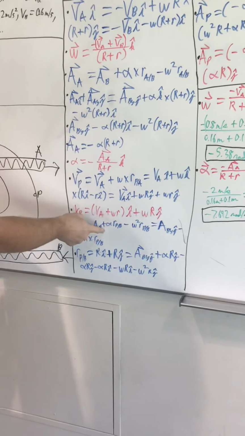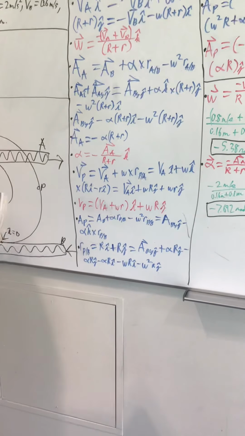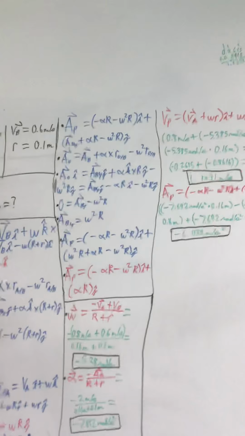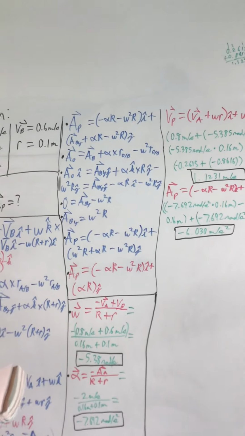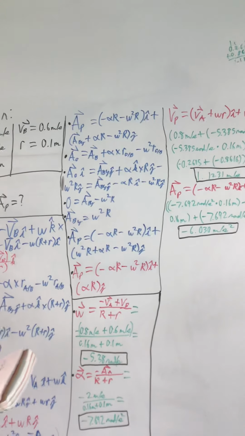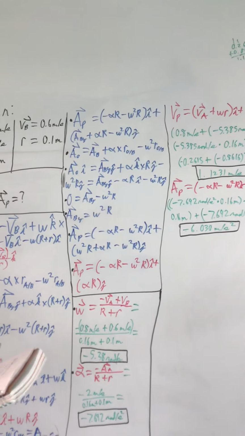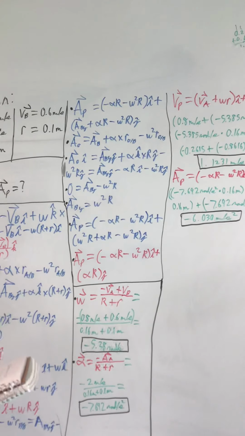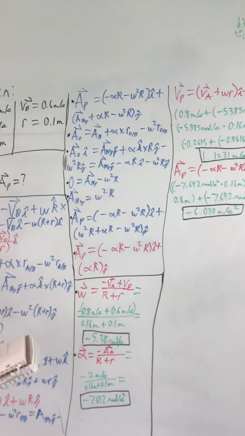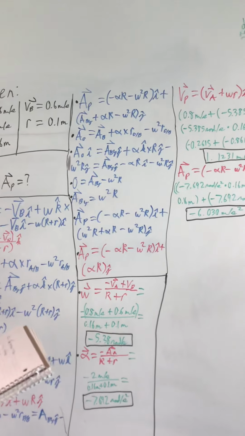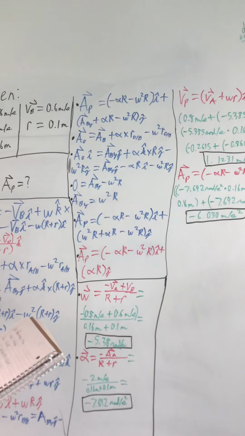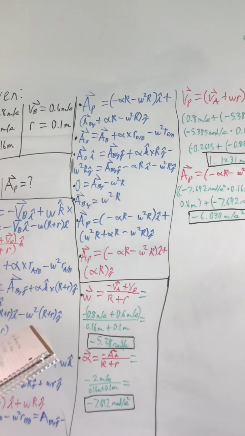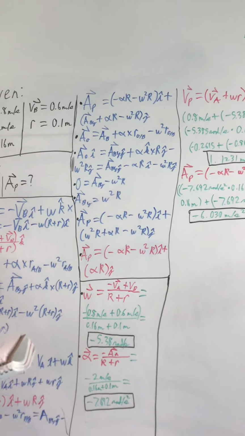We'll continue plugging in everything else we found previously. Once that is done, you end up with A of P equal to negative alpha large radius minus omega squared large radius in the I hat component, plus the acceleration of B in the J hat component plus alpha R minus omega squared R. Both those R's are the large radius, in the J hat component.